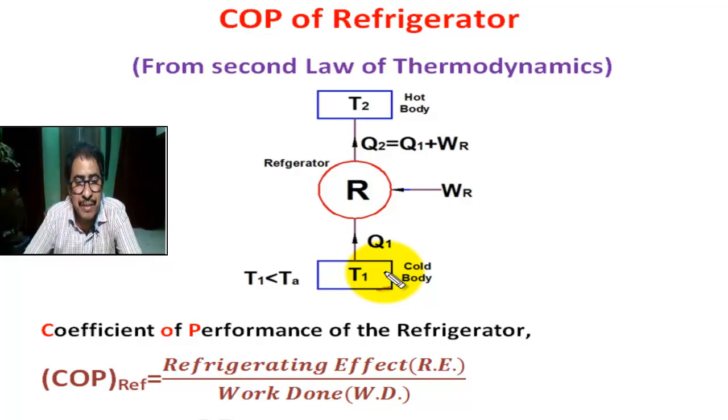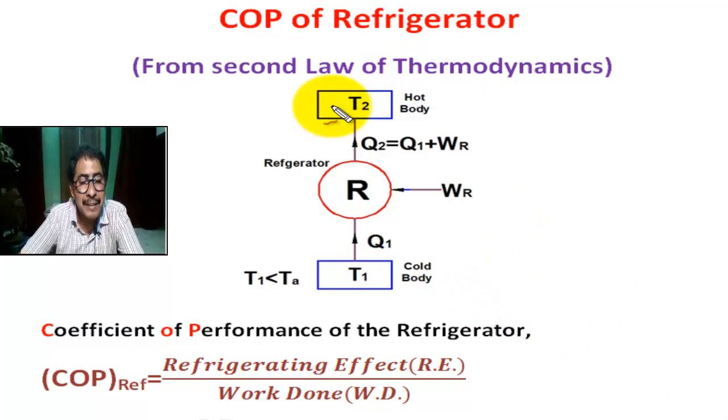Ambient temperature means atmospheric or surrounding temperature, and the removed heat is rejected at a higher temperature.